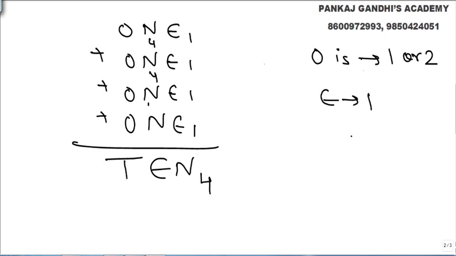And if we get N as 4, 4 plus 4 plus 4 plus 4, we get 16. The problem is, here we are getting E as 1 and here we are getting 6. Is it possible? Obviously no. So E cannot be 1.